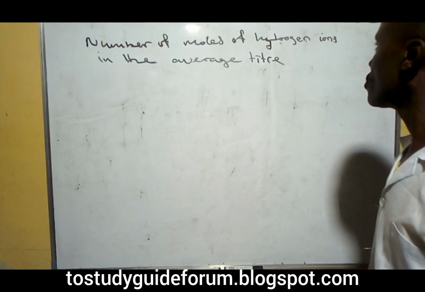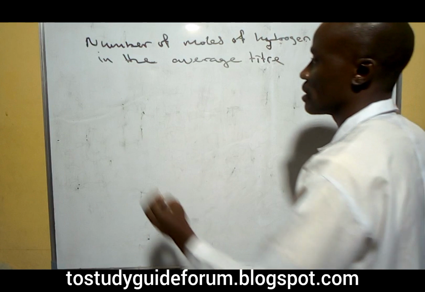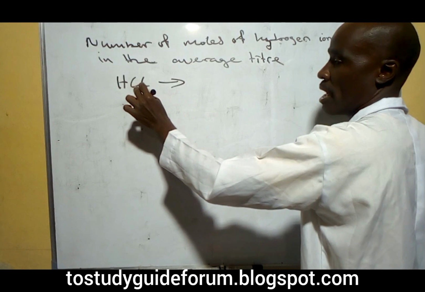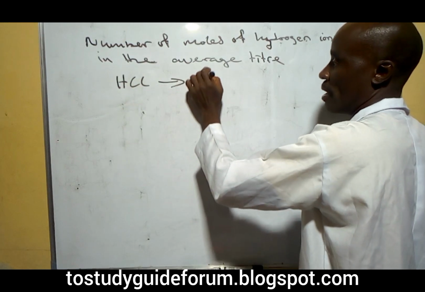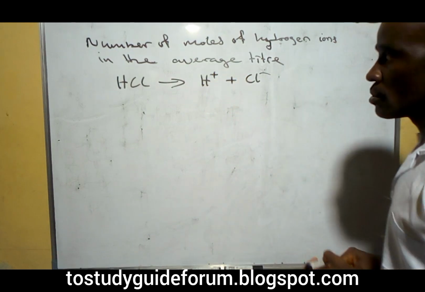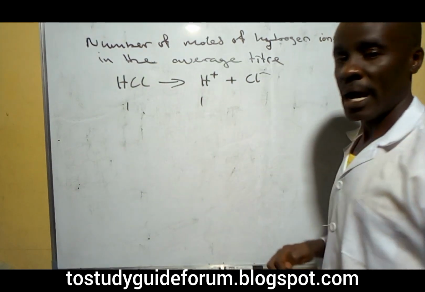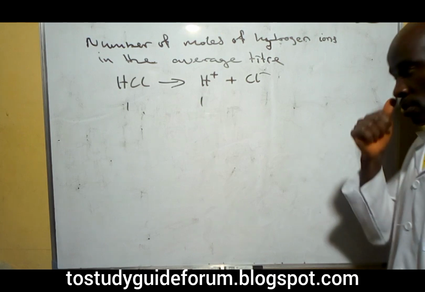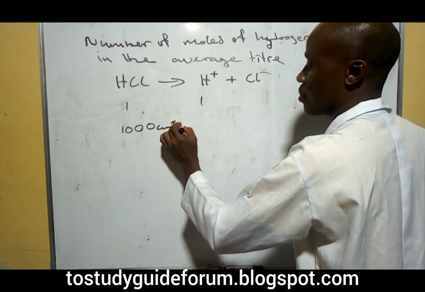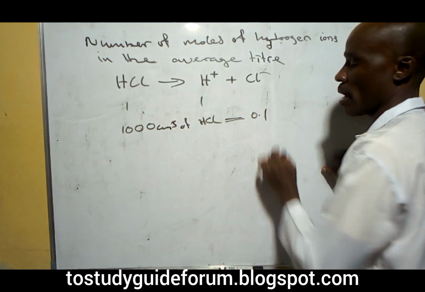Number of moles of hydrogen ions in the average titer. So what we do, we know that the acid will ionize to give us hydrogen, so that means 1 mole. In our volume given to us, we say that 1000 cm³ of the acid contains 0.1.